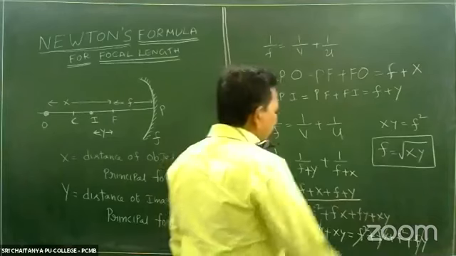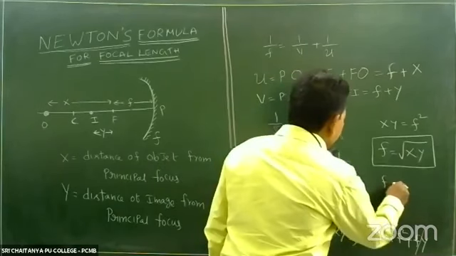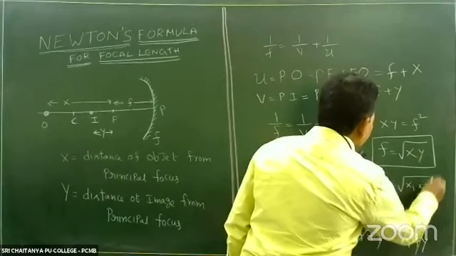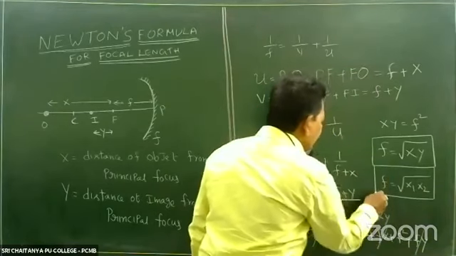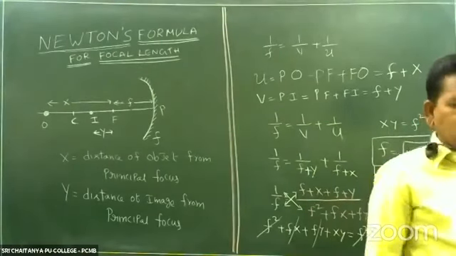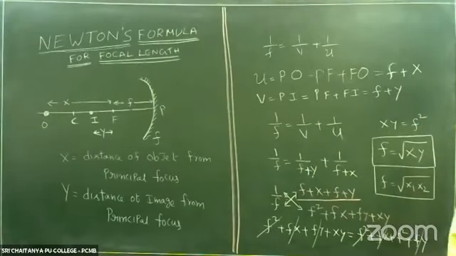Sometimes they will give x1 and x2 as the distances from the principal focus. x1 is the distance of the object from the principal focus, and x2 is the distance of the image from the principal focus.